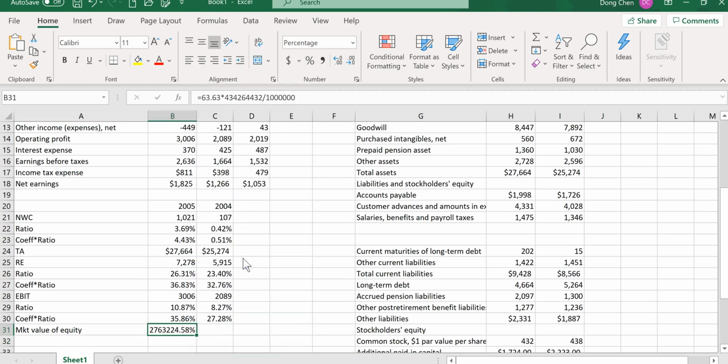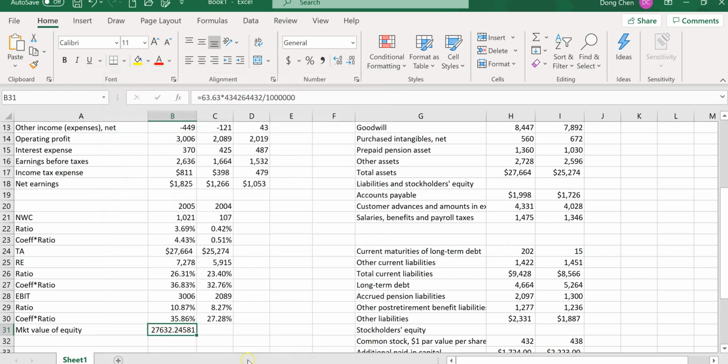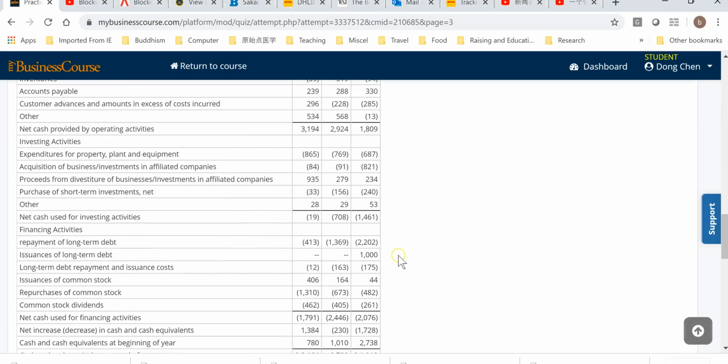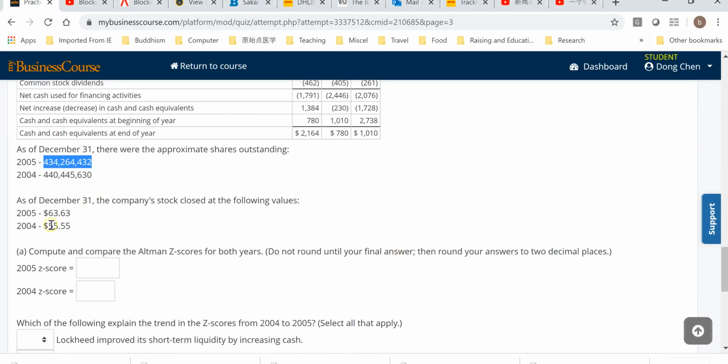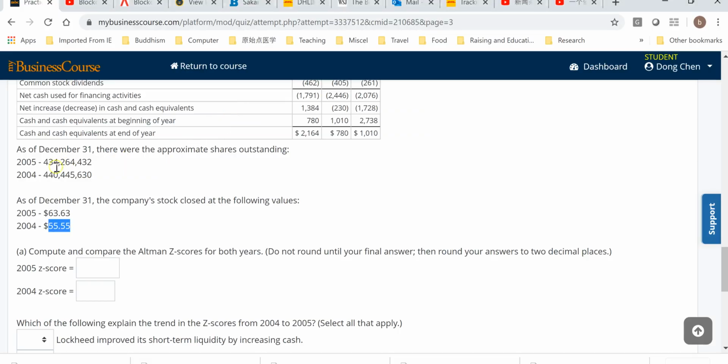So here again, I don't want this to be in percentage terms, just general. And then I cannot move this to the right because the number here will be different. For 2004, I can just use the same procedure as I applied to 2005. So using the price here and then multiply by the shares outstanding.